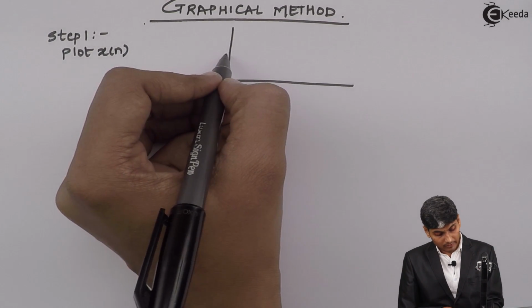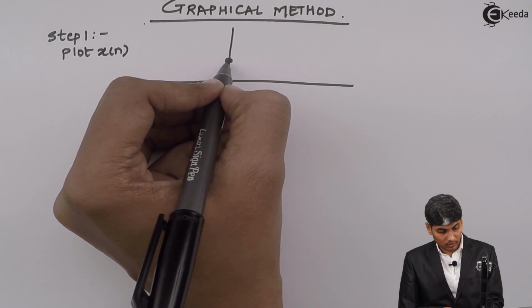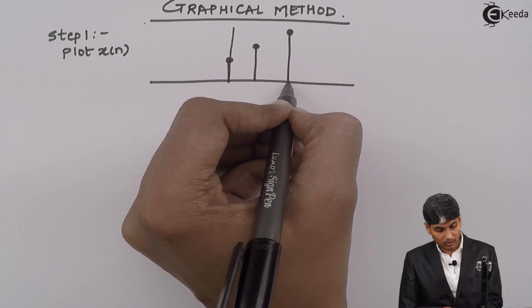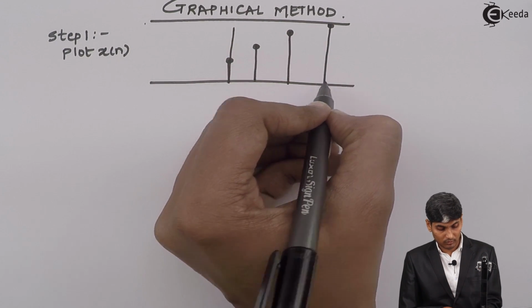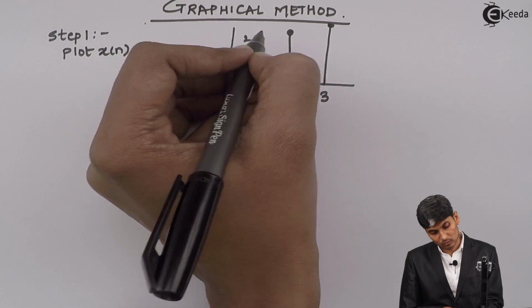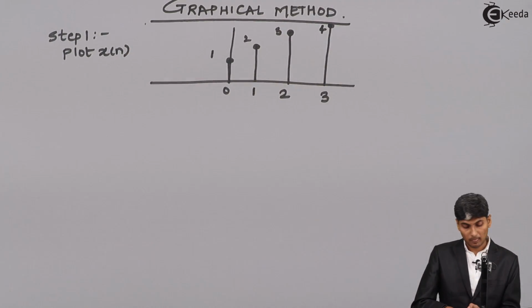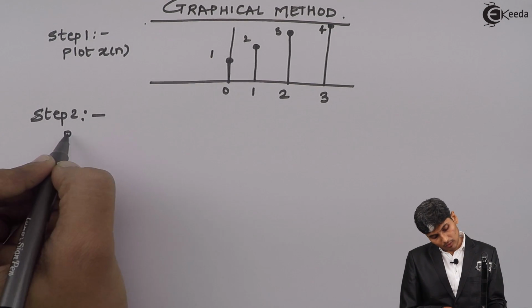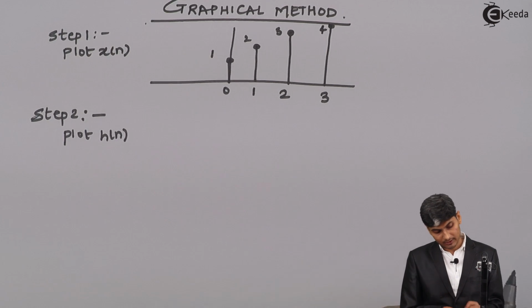X of n or x of k is 1, 2, 3, 4. So, I write it 1, 2, 3 and 4. So, it is 0, 1, 2, 3, it is 1, 2, 3 and 4. Step 2 is to plot h of n.